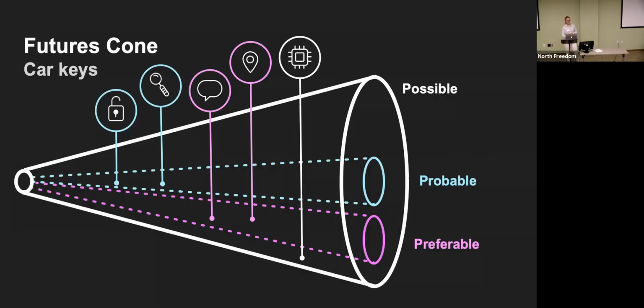And then way out in the possible, we could have a concept maybe of your key becoming more universal. So it's now your passport, your driver's license. Obviously it can contain your credit card. Maybe it has a lot of additional features to it. And maybe it's a chip that's embedded underneath your skin as opposed to a tangible key that you can lose.